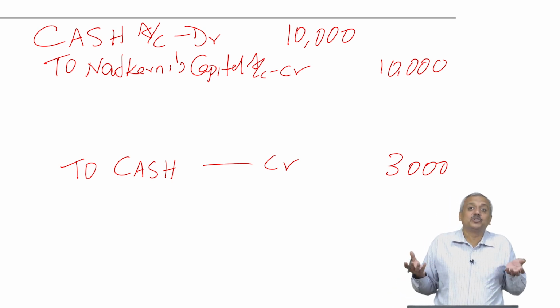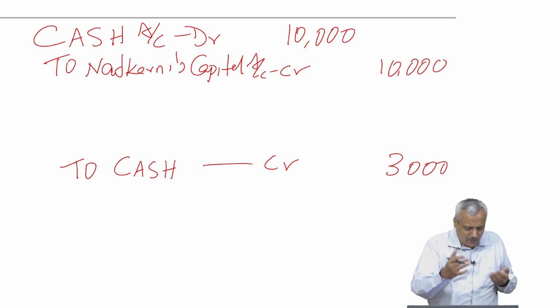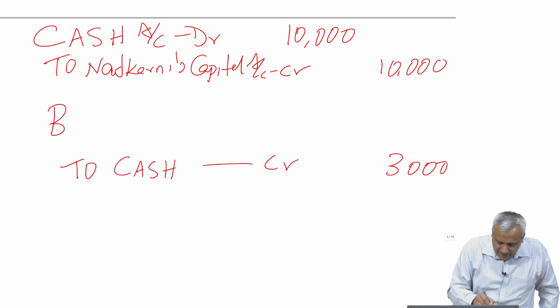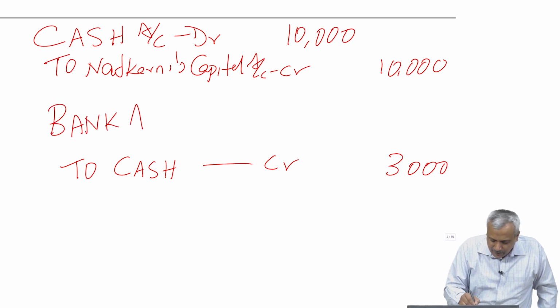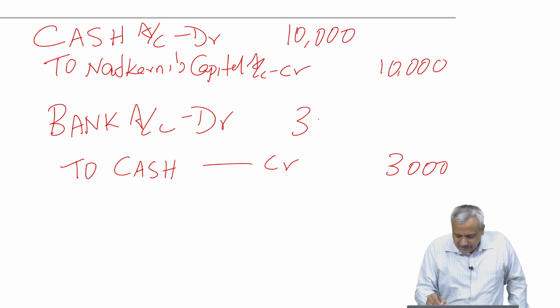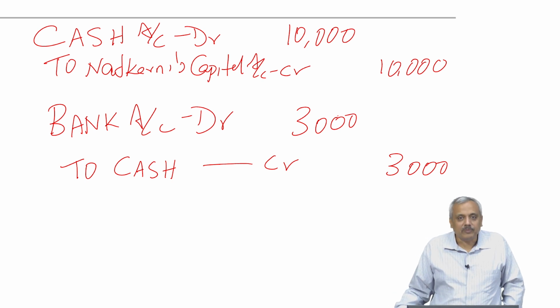The bank balance is yours, you own it. One asset is going out, another asset is coming in. Debit what comes in: bank account is coming in, cash is going out, and then this transaction is complete.